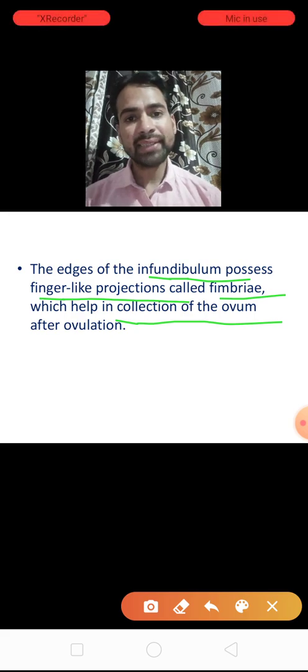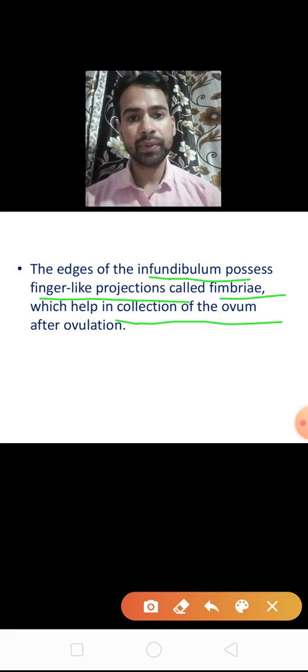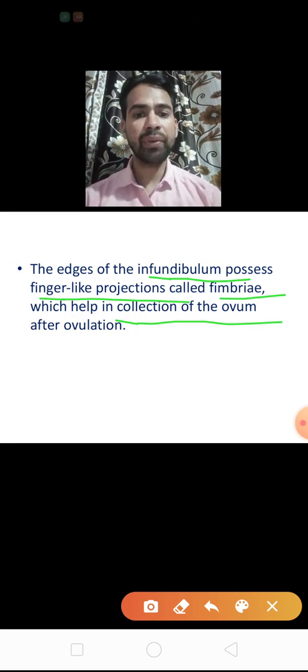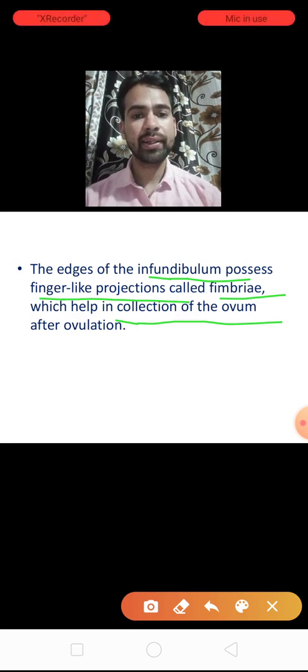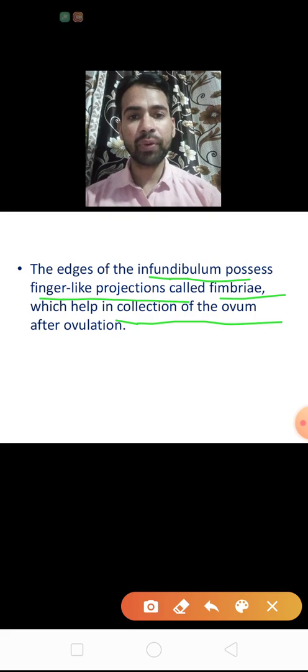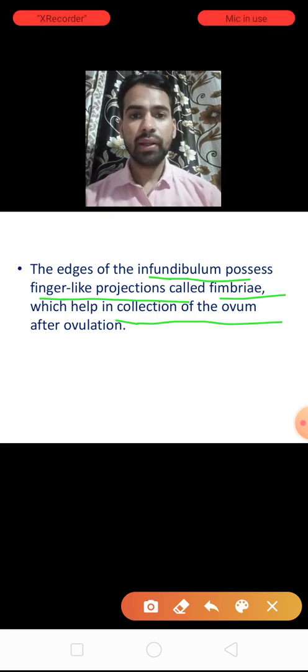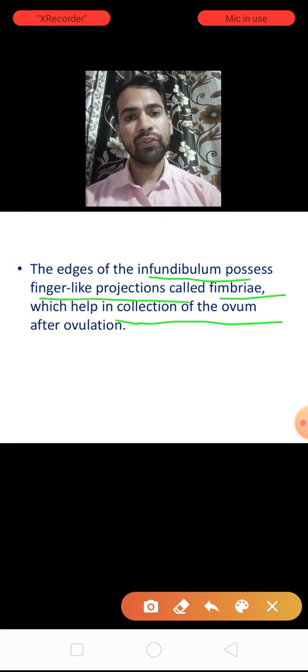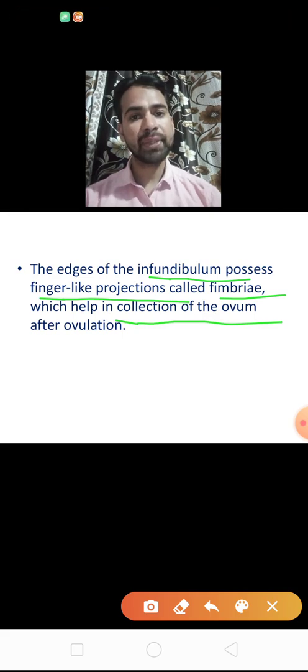Children, when the egg is released from the ovary, the egg is non-motile, it cannot move. So by use of fimbriae, the ovum is collected in the infundibulum and from there it goes to the ampulla. Okay, at the ampulla and isthmus junction, the fertilization happens, that is the sperms come in contact with the egg.